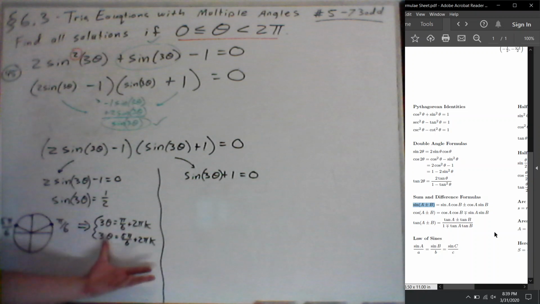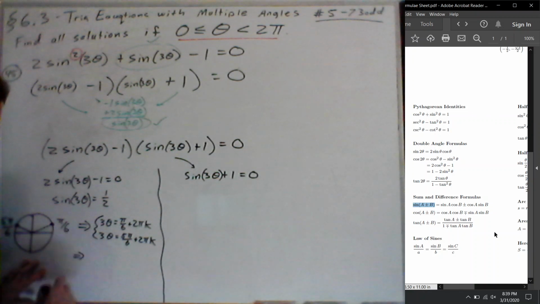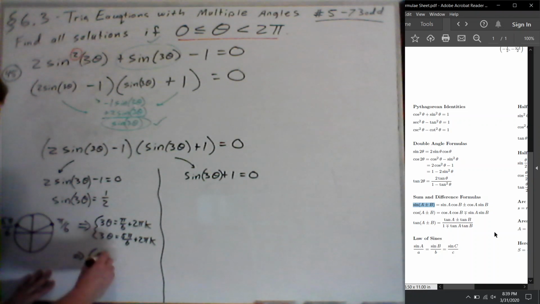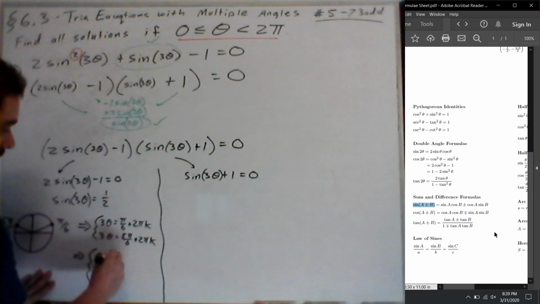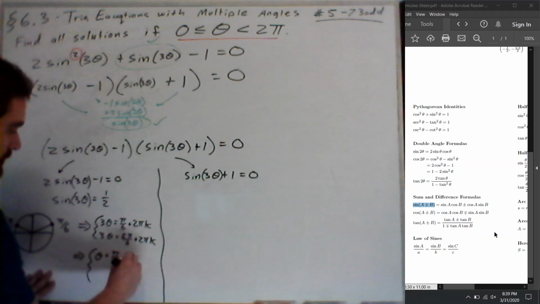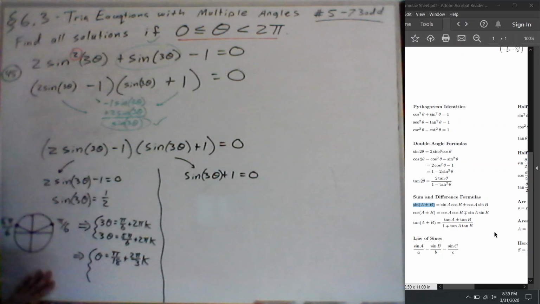All right, I want to make sure I pick up every single multiple here, which means now I'm looking at theta. If I divide by 3 on both sides, we'll get theta equals pi over 18 plus 2 pi over 3 times k, where k is an integer.